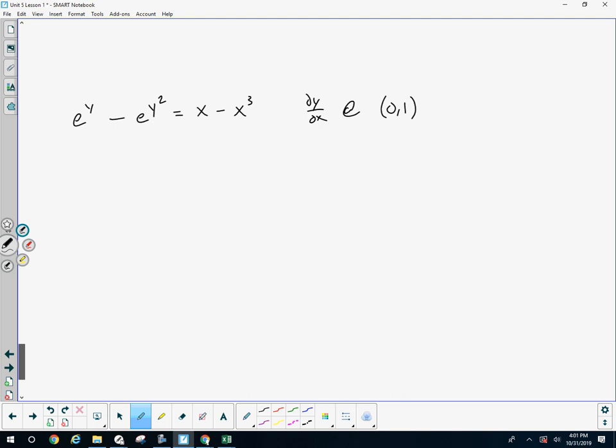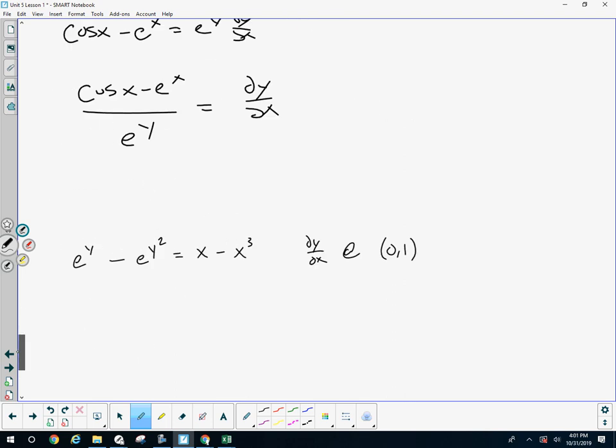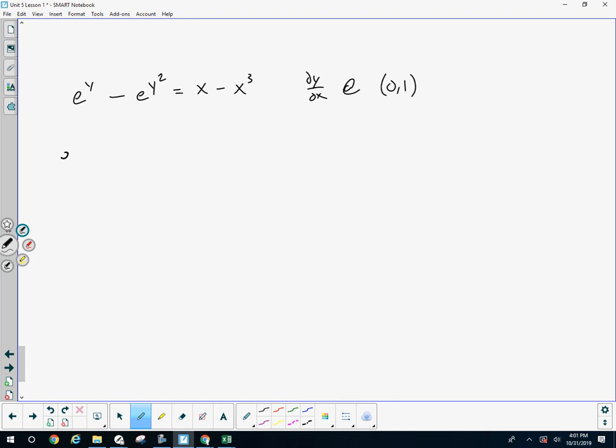Find this derivative at 0, 1. I got the first step up there, so if you want to check after you do the first step.